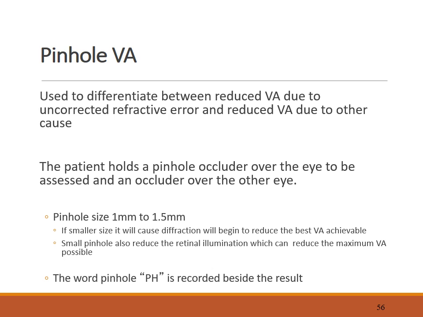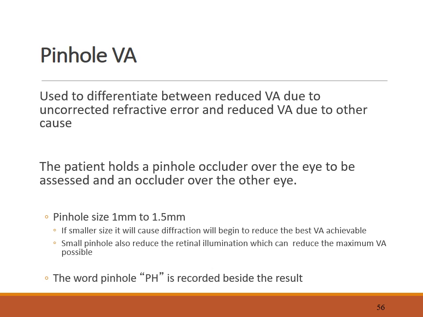If the vision is increased or better than before the pinhole test, then the problem is because of the refractive error. However, if the VA is not improved with the pinhole test, that means it's probably because of a pathological problem.